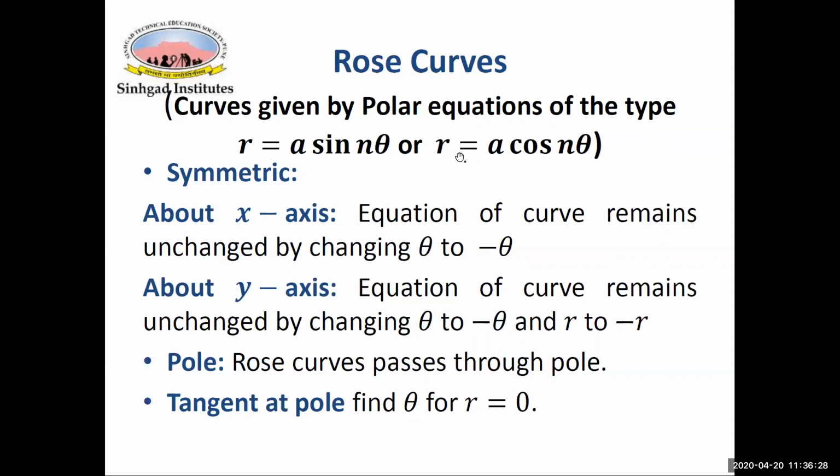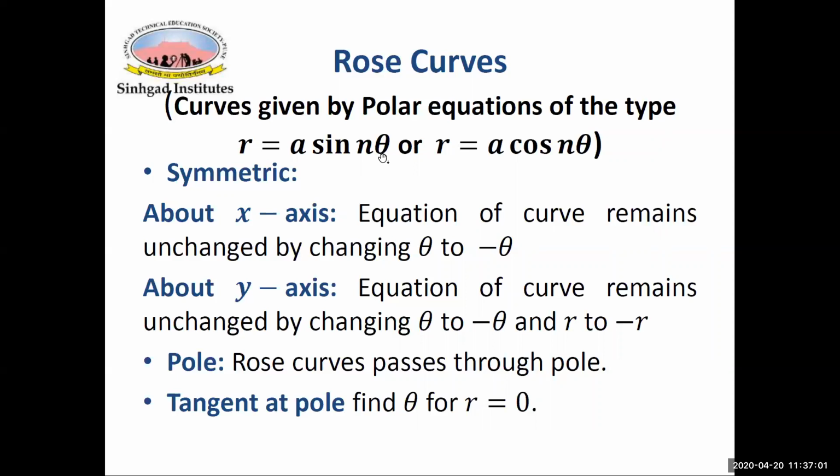Then cos n theta will be symmetric about the line theta equal to 0. Then replace r by minus r and theta by minus theta. The equation should remain unchanged. So if I replace theta by minus theta here and r by minus r, the negative signs on both sides cancel and hence it is symmetric about the y-axis. So a cos n theta is symmetric about the x-axis and a sin n theta is symmetric about the y-axis.